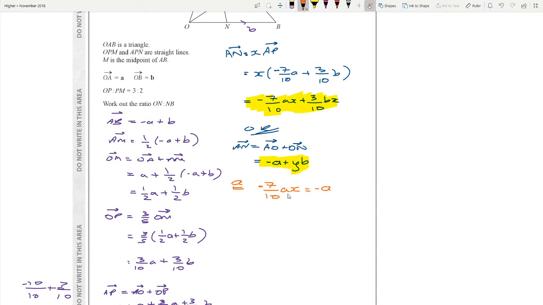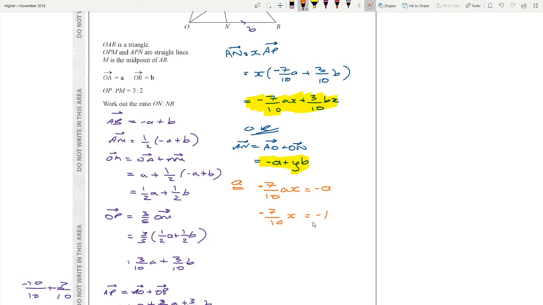Let's see if we can work out the value of x. We can eliminate the a's, divide both sides by a. So we're going to get minus 7/10 of x equals minus 1, because minus a divided by a is minus 1.